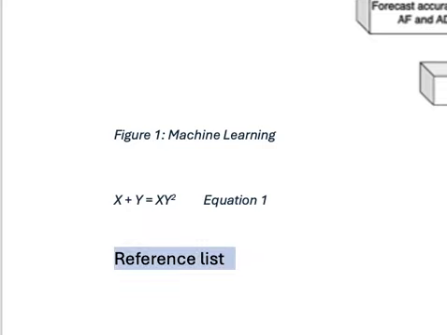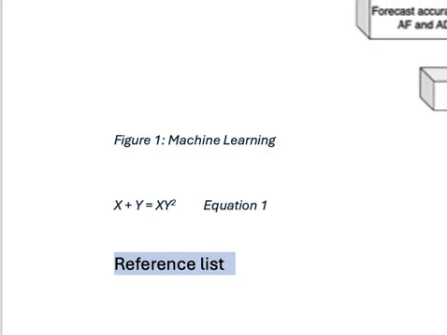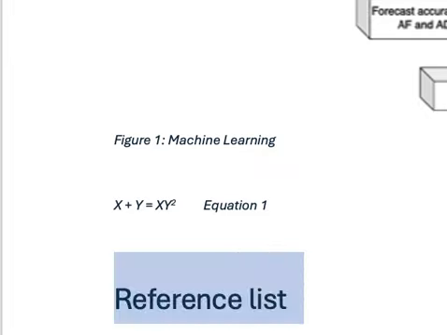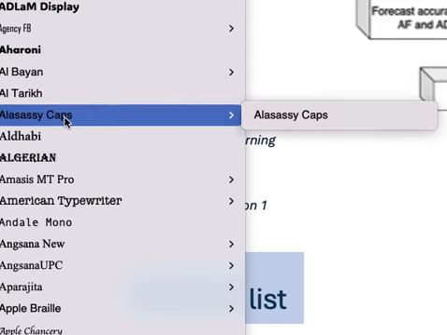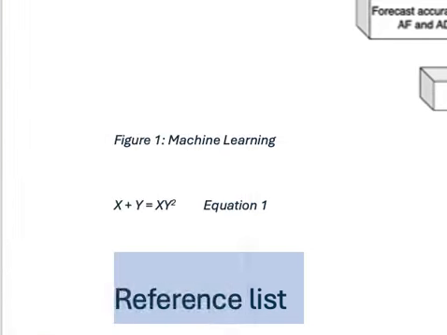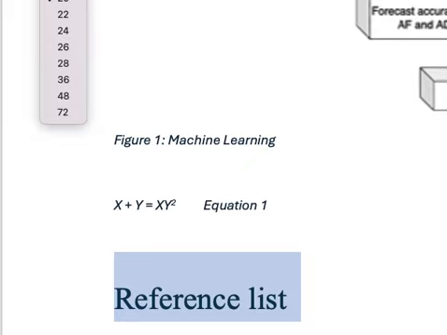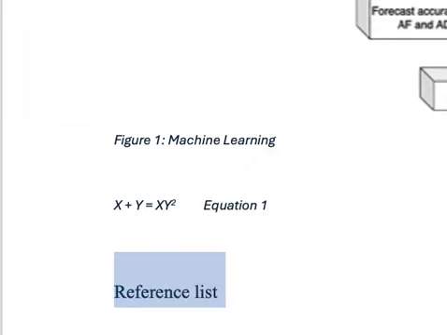Again, this has to be formatted as a heading so that it appears in your table of contents. So you go to home, format it as a heading 1, change that to Times New Roman, font size 12, and make it bold.